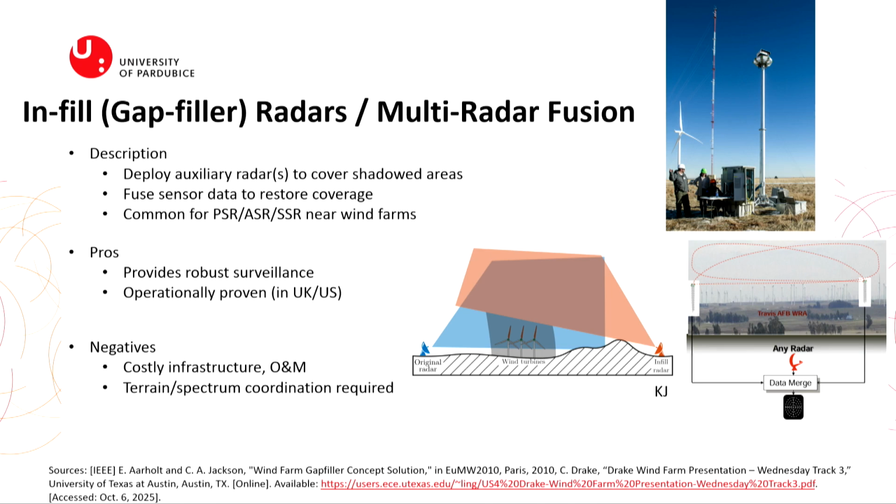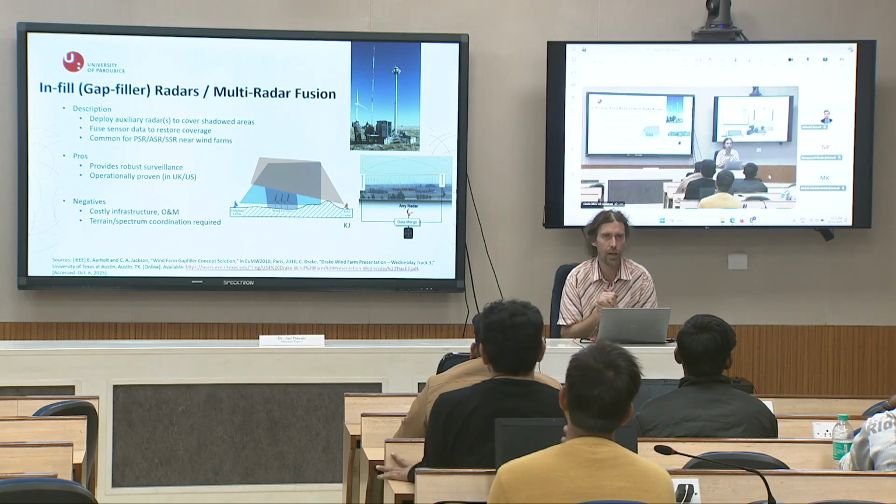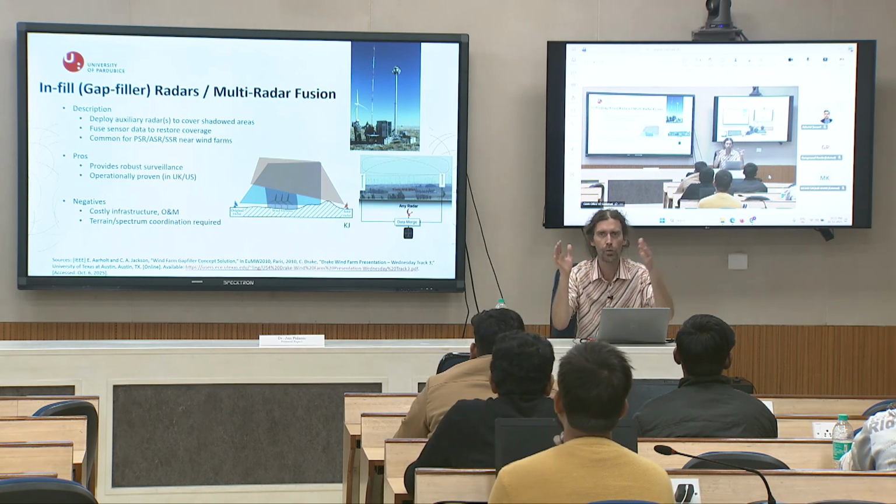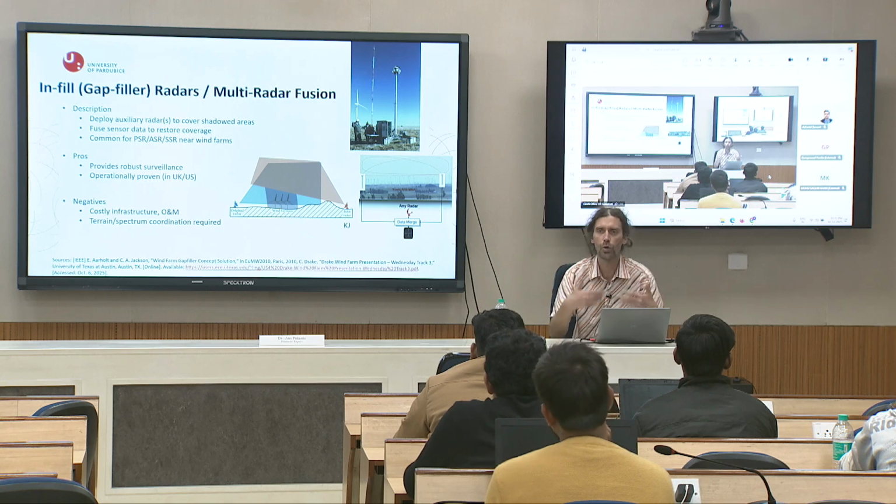But it is expensive. You need to buy another radar. It is a special kind of radar, just for covering some small areas where there are wind turbines or some other source of clutter, of course.